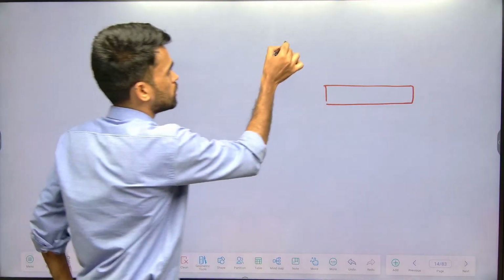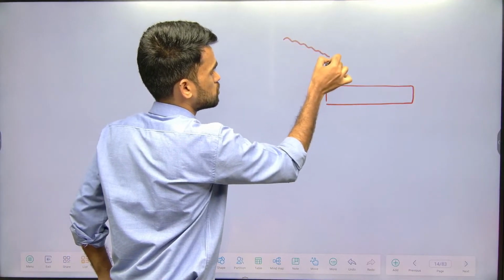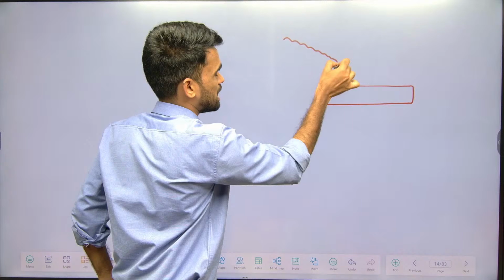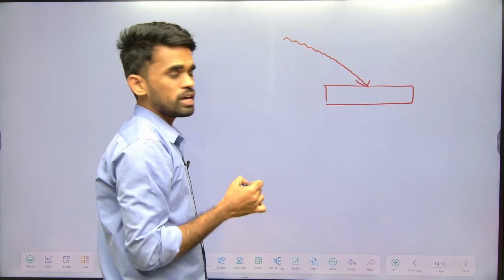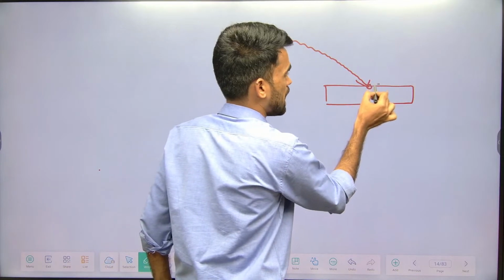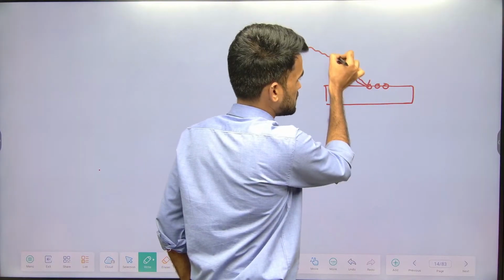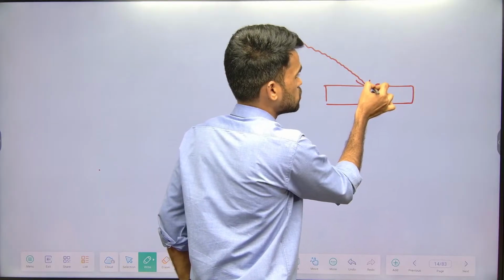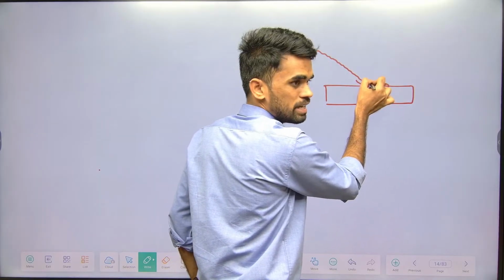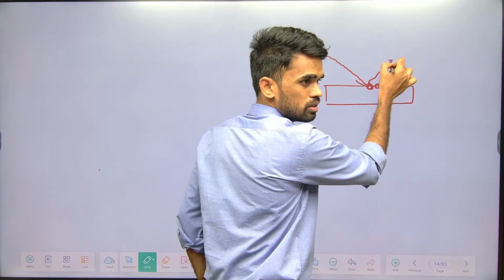So now what I am doing is, I am using some suitable energy, and that is incident on this metal surface. Metal atoms are there. So when this energy strikes, whatever loosely bound electron is there will come out.